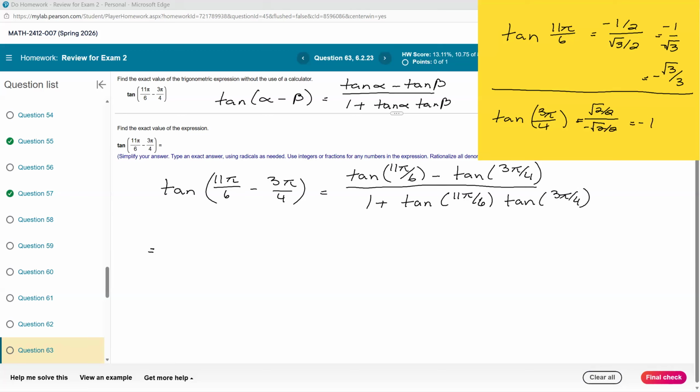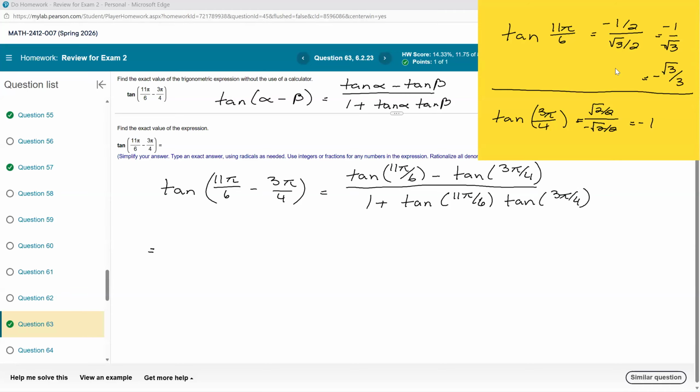So this one, remember, is going to require probably some simplification. So we're going to end up with negative square root of 3 over 3 minus negative 1 over 1 plus a negative square root of 3 over 3 times negative 1.